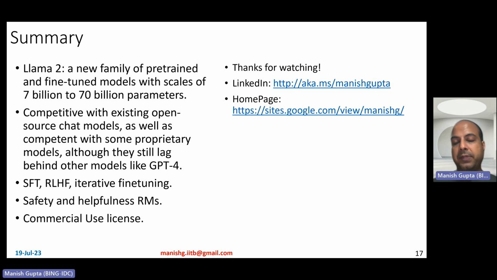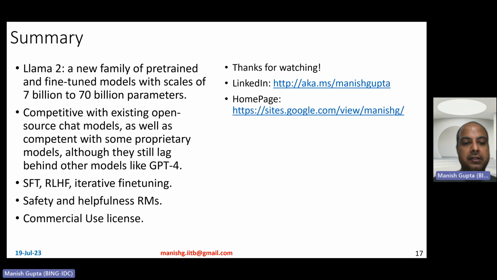Although, it should be kept in mind that they still lag behind GPT-4 or PaLM-type large models, right? The Llama 2 models have been trained by first doing pre-training, and then after the pre-training, doing supervised fine-tuning, followed by multiple iterations of RLHF, right?